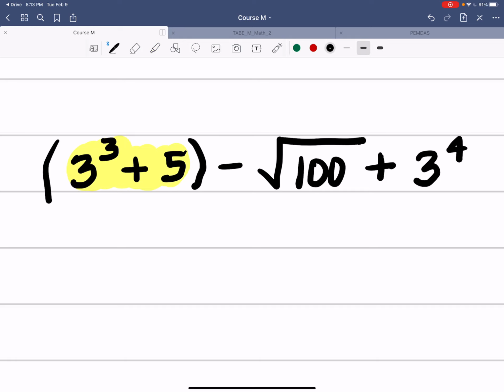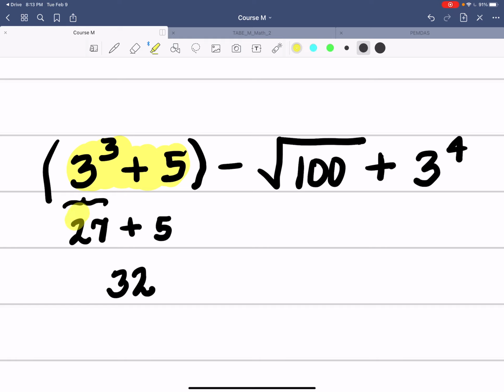And in there, I have an exponent and I have addition, so the exponent comes first. 3 times 3 times 3 is 27. Plus 5 is 32. So all of this is part of that parentheses set. Copy.